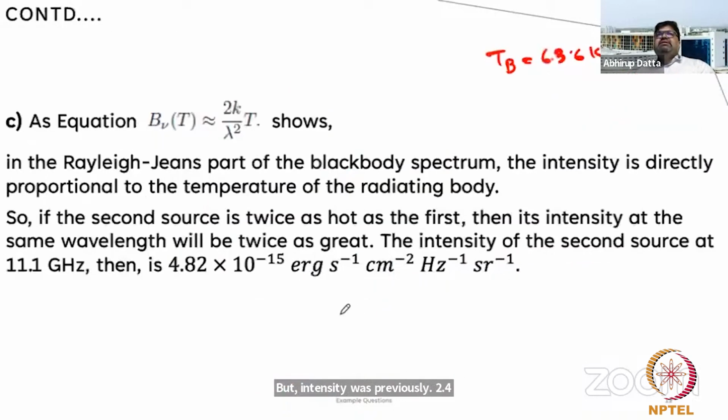In this particular case, it is 4.82, just twice of that. So intensity just scales: TB becomes twice, the intensity also becomes twice for the same frequency.